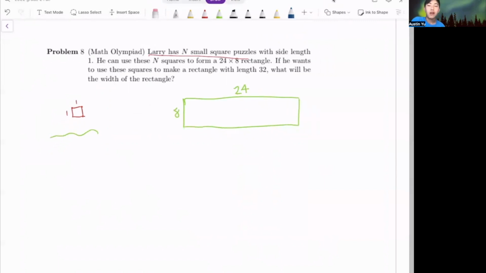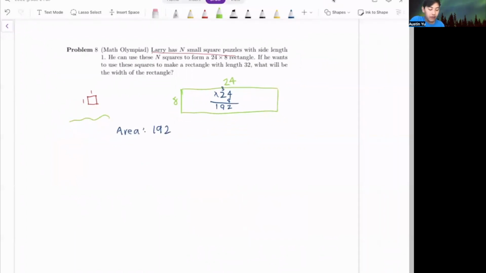Well, we know that the area obviously has to be the same because he does not change the number of small squares that he has. Therefore, 24 times 8: 8 times 4 equals 32. 2 times 8, 16. 16 plus 3 equals 19. So the area is 192.